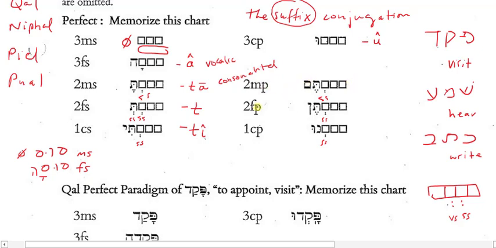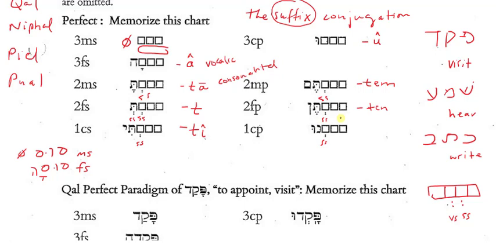So, if I want to say y'all did something, I can speak of a male y'all or a female y'all doing it. It's tem and ten. Tem, ten. So how would I transliterate these? Tem, ten. All right? Are tem and ten vocalic or consonantal endings?